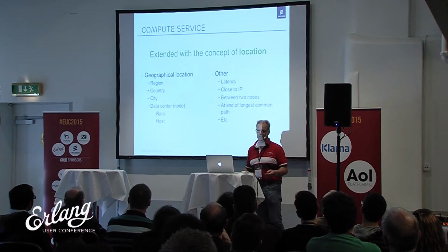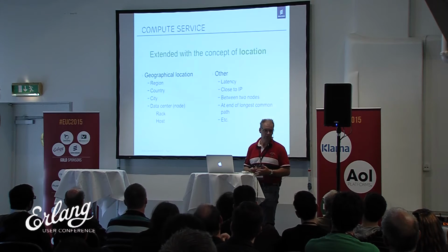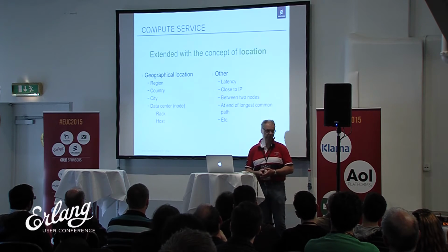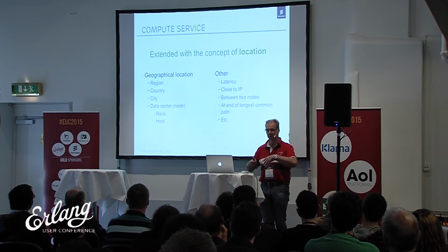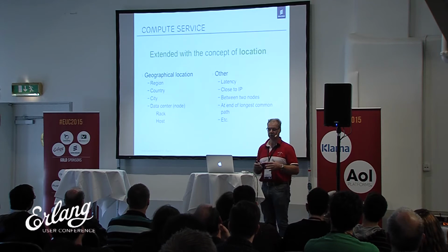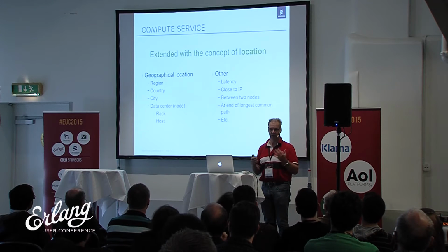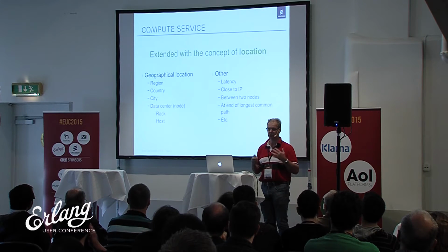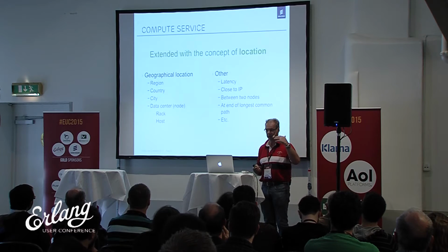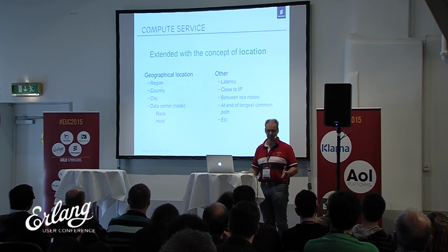Okay, the compute service will be the same as you will see in any cloud. You want to have some virtual machine, some container, whatever it will be. But what we have done here is extend it with the concept of location, because that becomes very important now. You want to have this compute resource somewhere in this distributed cloud, so you may want to place it here in Stockholm, in the USA, or wherever it is.